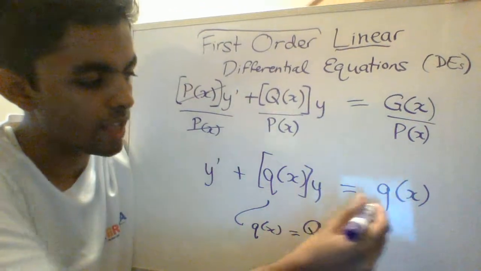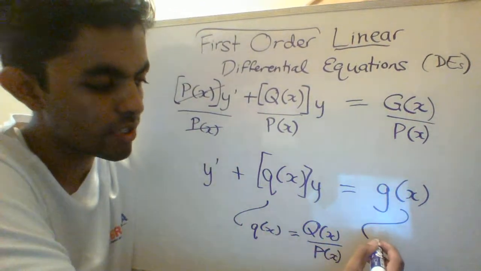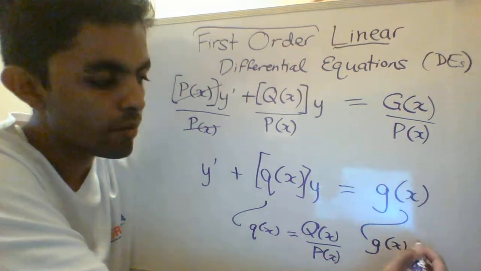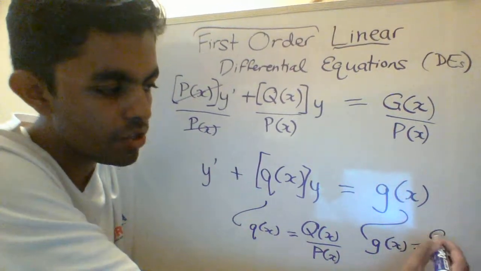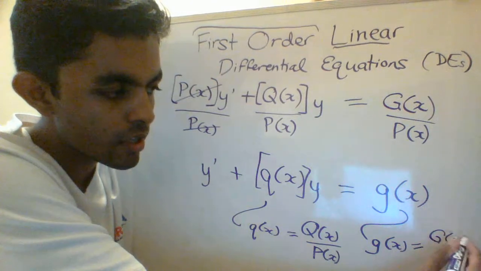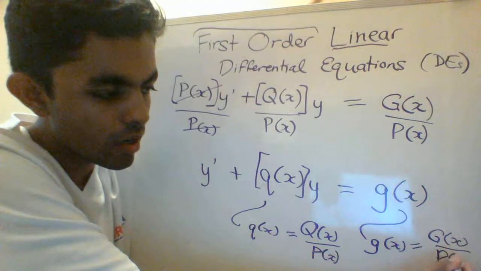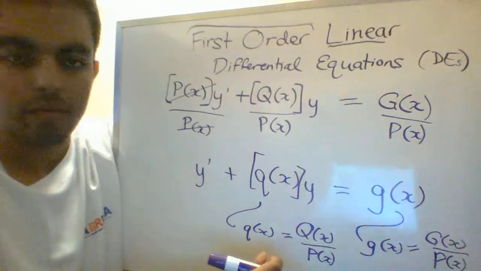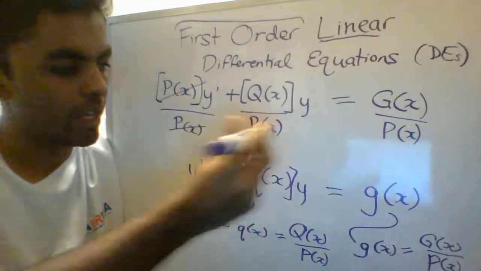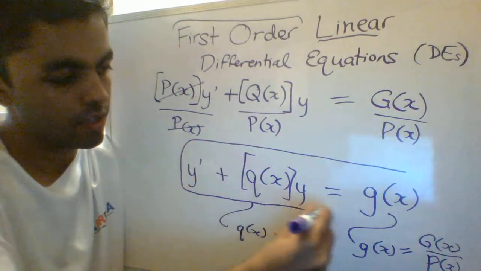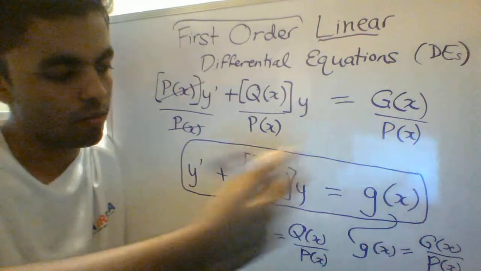All right? And similarly over here we're suggesting that little g of x is simply representing big G of x divided by big P of x. All right? And so our simplified form is this one right here. And so this is what we're going to try and work with.